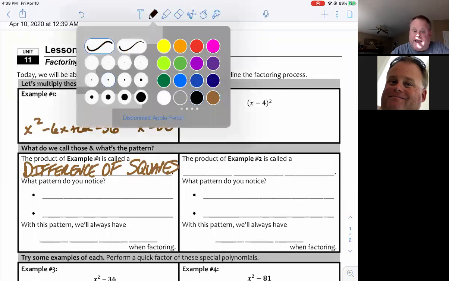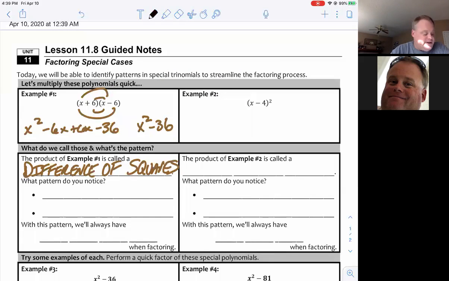A difference of squares. That is its name, okay? And the reason why is that the pattern you're going to notice is a subtraction between two terms.